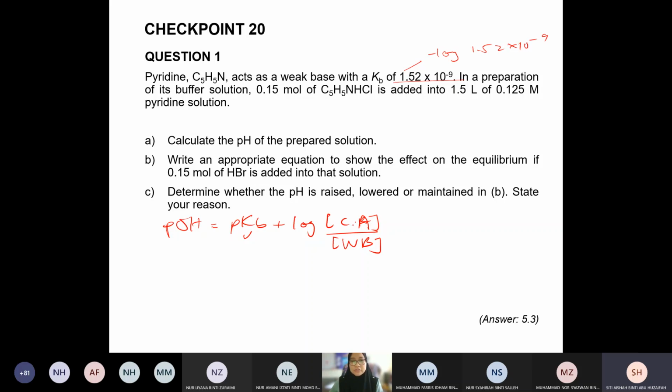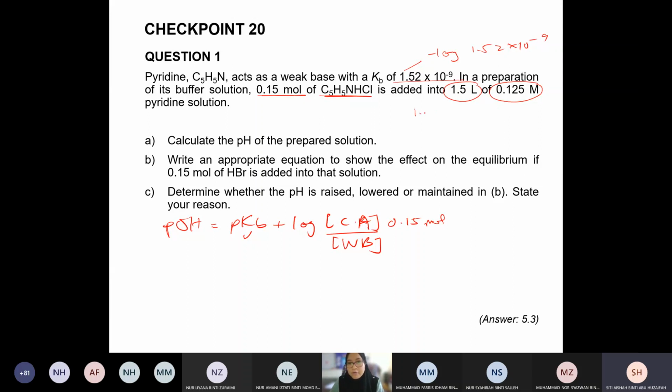And then how about conjugate acid? Okay, dia dah bagi in terms of mole. You boleh go for concentration. You can also go for mole, doesn't matter. Kalau you nak go for mole, this one is the conjugate acid, the salt, so this one should be 0.15 mole. This one, dia bagi dalam molarity dengan 1.5 liter, so you kena extract out the mole.